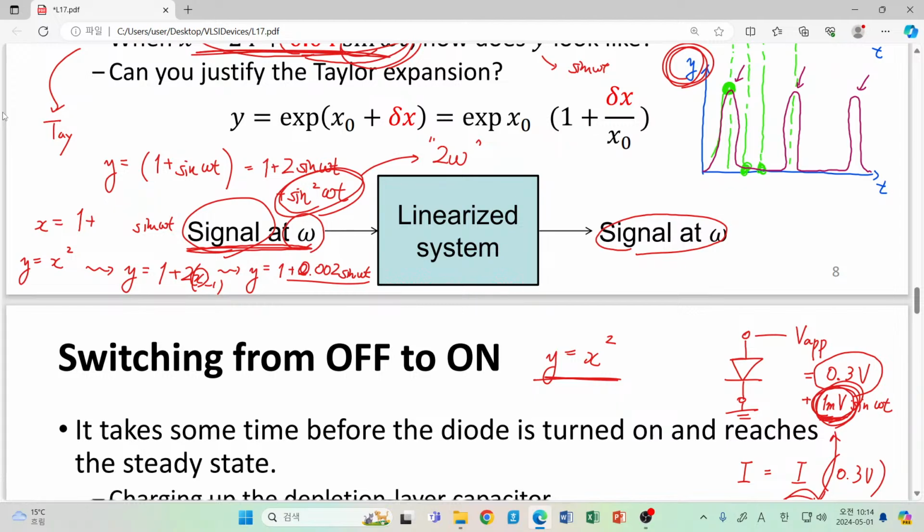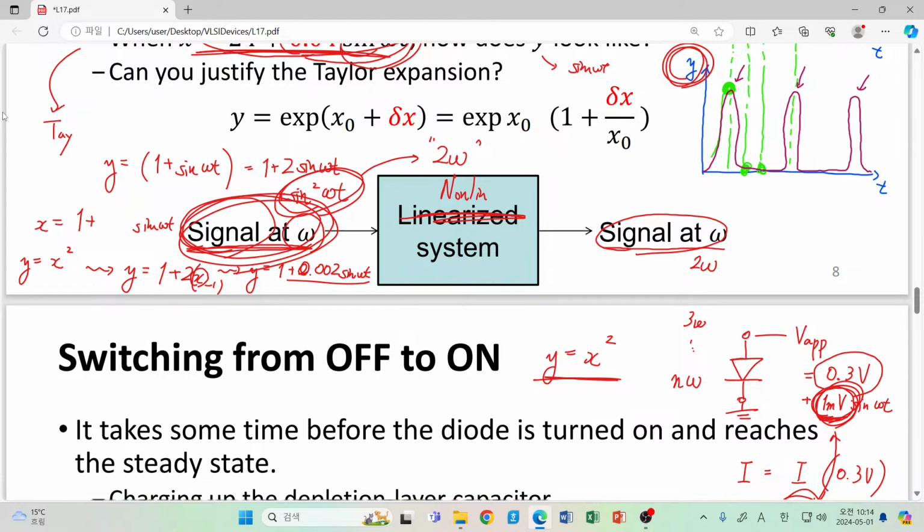From this quite simple example, I mean that in a general nonlinear system, when you insert a signal with angular frequency omega, then what we can usually expect out of the system, if it is not linearized, is a signal at omega, a signal at 2 omega, a signal at 3 omega, and integer multiples of your fundamental frequency omega.